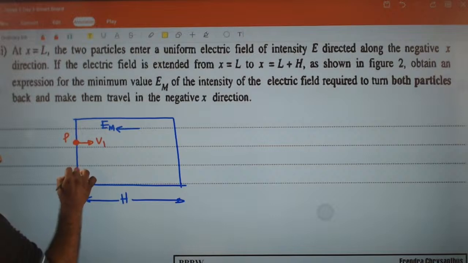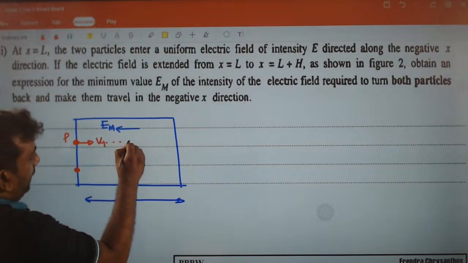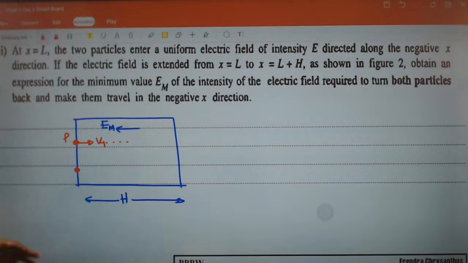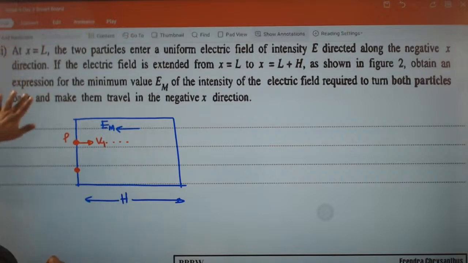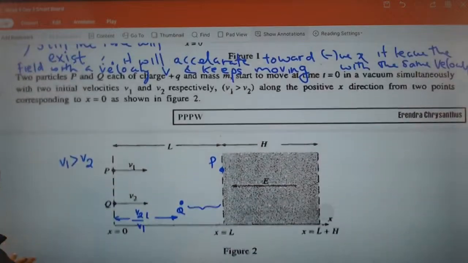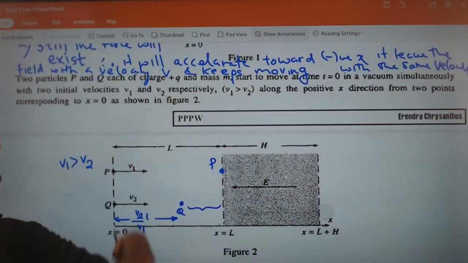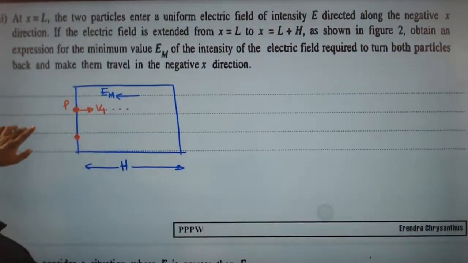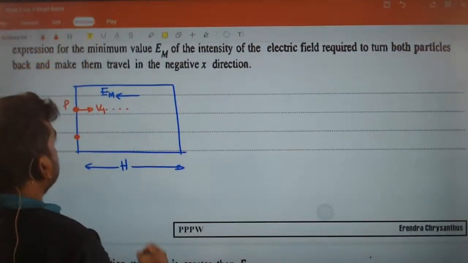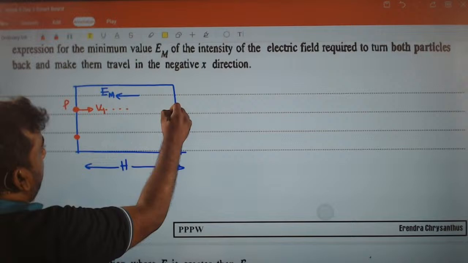The slower particle enters at a different time with velocity V2. Both have the same charge, same mass. So the higher one will come to the very end and stop.